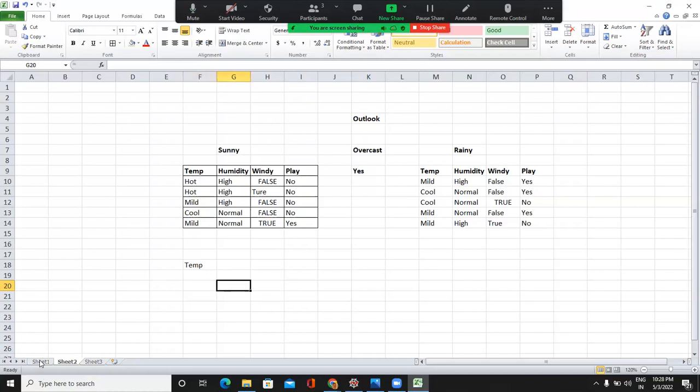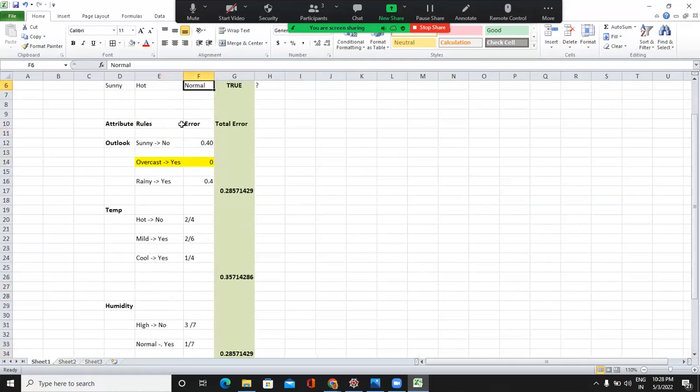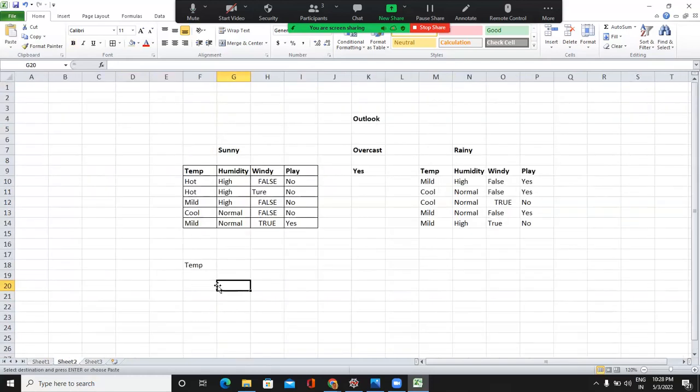So first for hot, again I can copy the column headings: attribute, rules, error, and total error. Temperature is now an attribute.